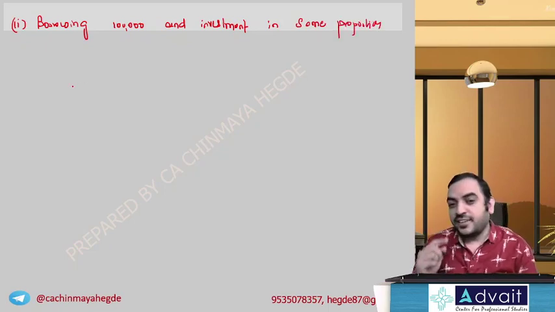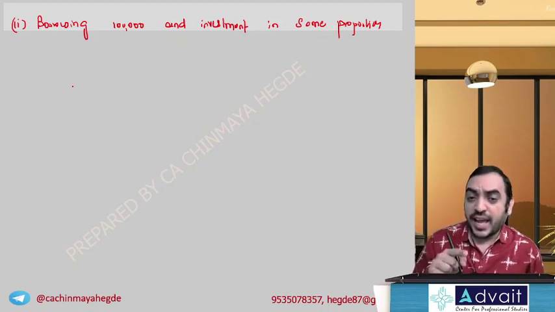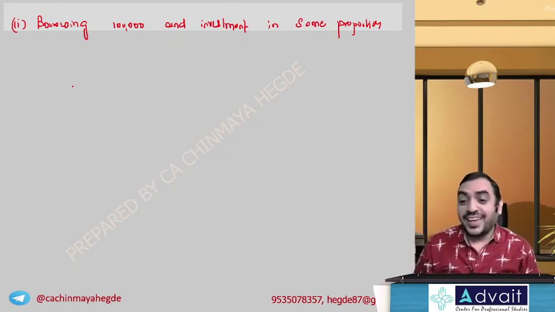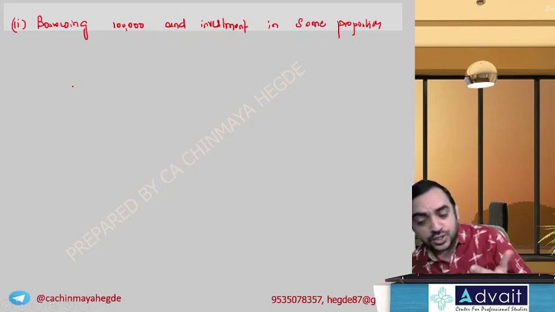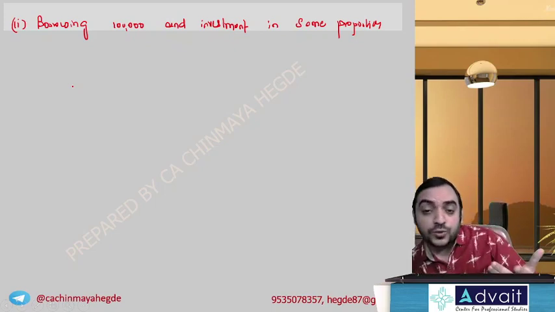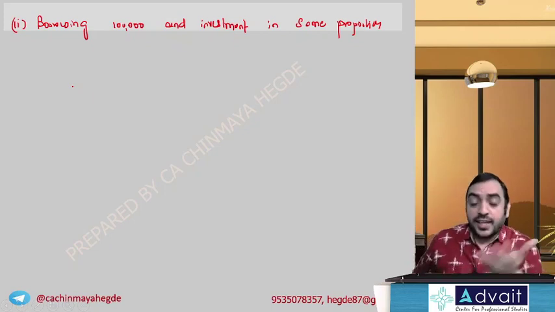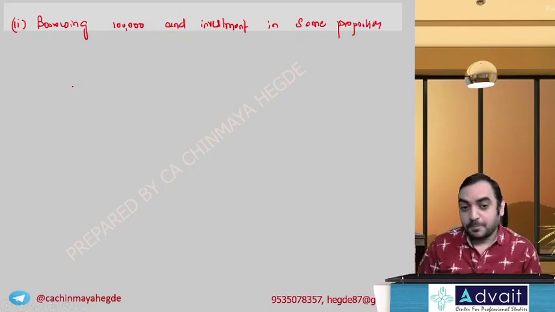Now, can you tell me, when you invest 1 lakh in the same proportion in A and B, how much will you invest? In which ratio will you invest? They said in the same proportion. So in which ratio and how much will you invest in each stock? How much in A? How much in B?